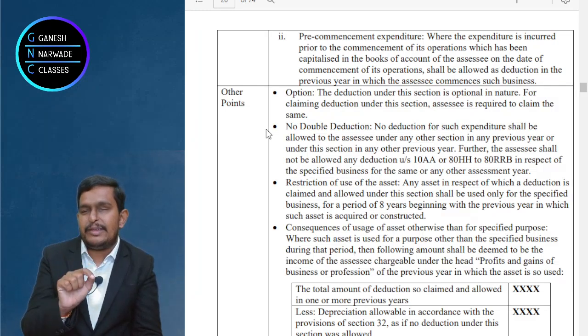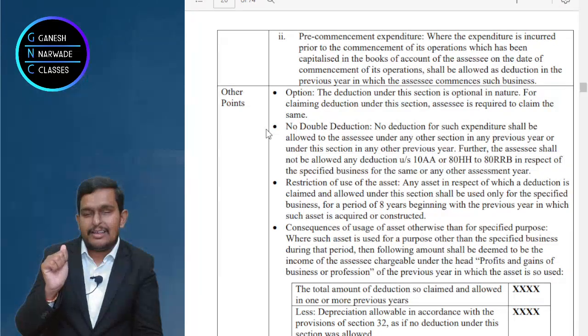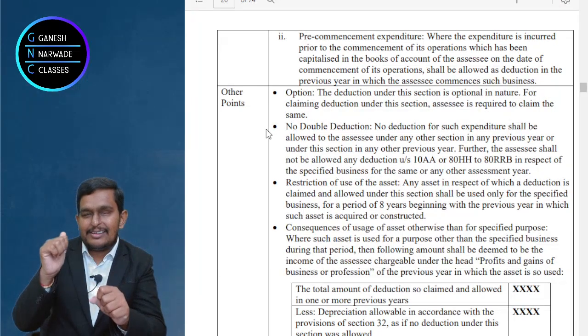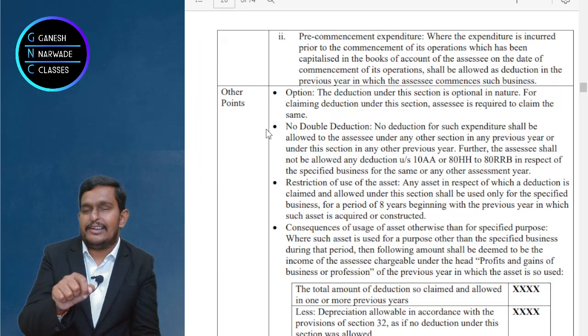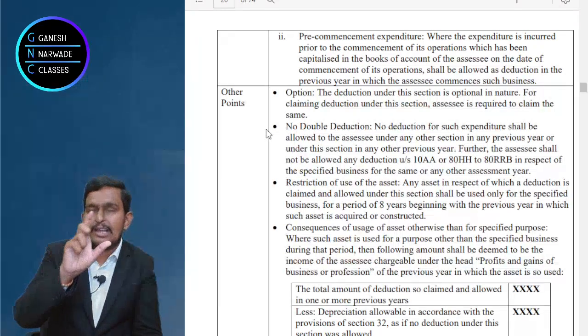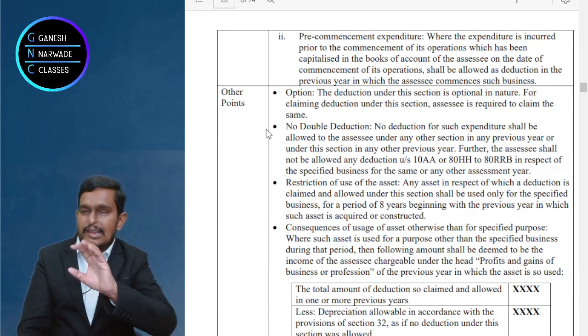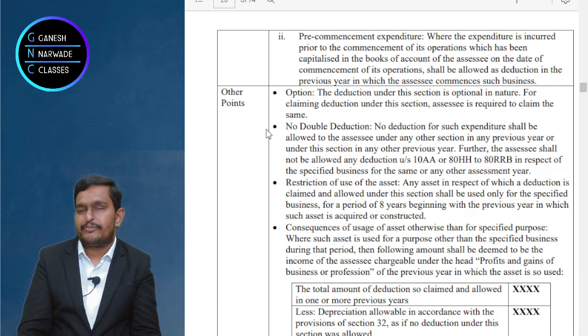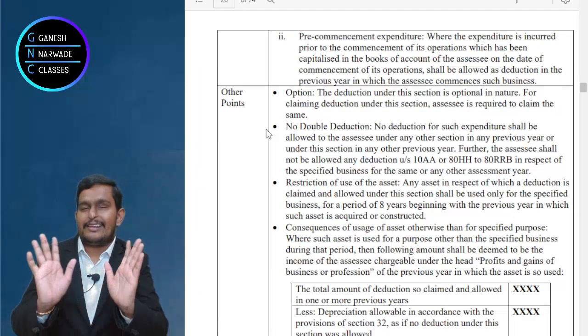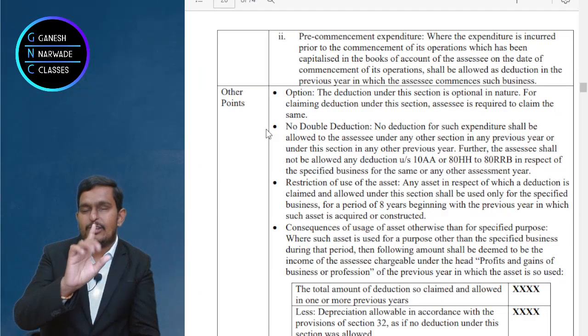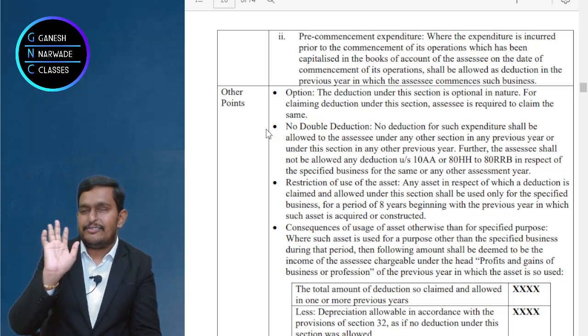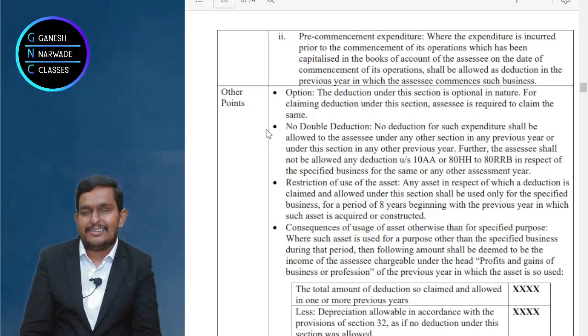But if you are claiming it here, don't claim there. If you want to claim there, then don't claim here under 35 AD. No double deduction. Even under 10AA you cannot claim deduction. If you are claiming here, don't claim it under 10AA also. The funda is clear: claim at one place, not everywhere where you satisfy the conditions. That's why this point is written.